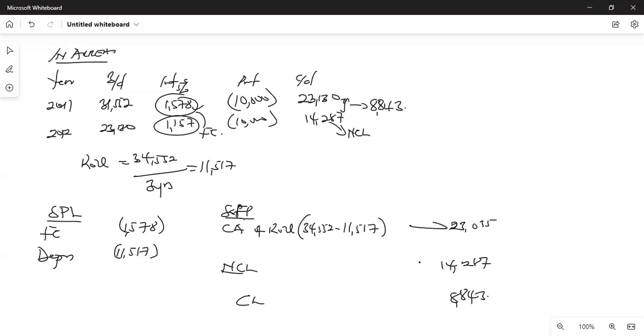Not difficult, you just have to be able to find your figures as requested of you. It's very, very important. So that is it for lease. We just need to take an additional question and try as much as possible to deal with it.